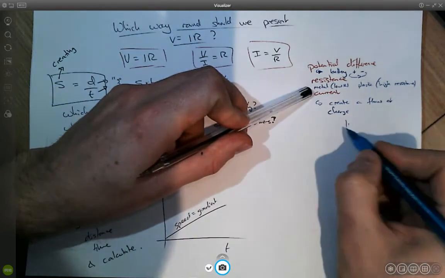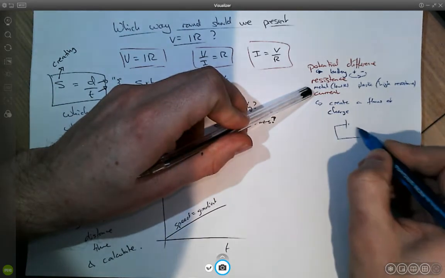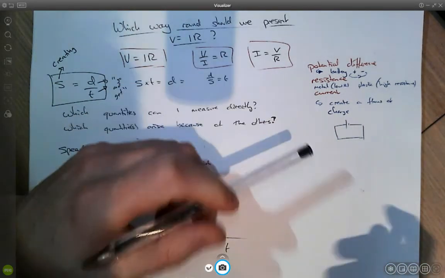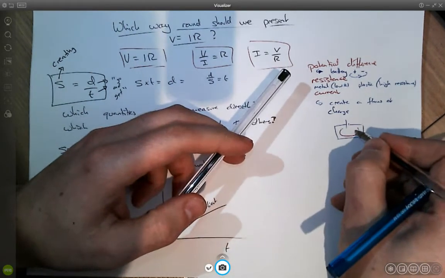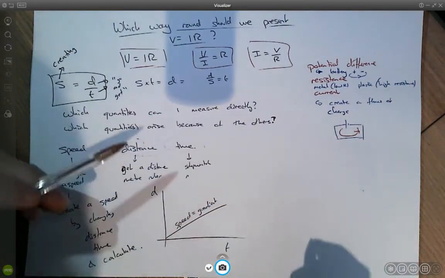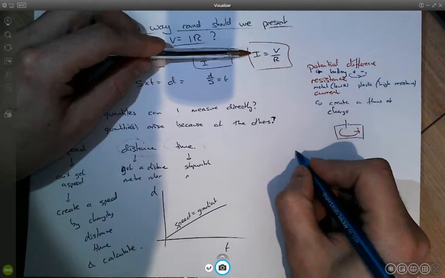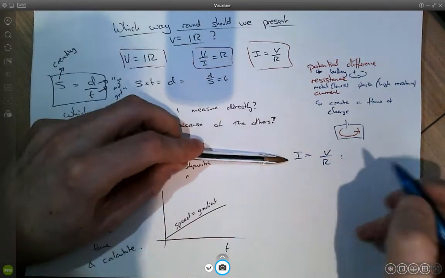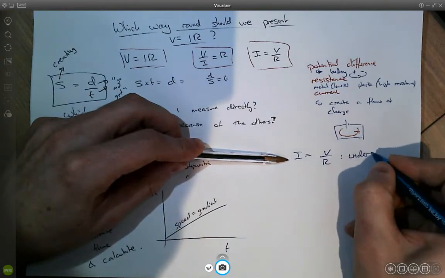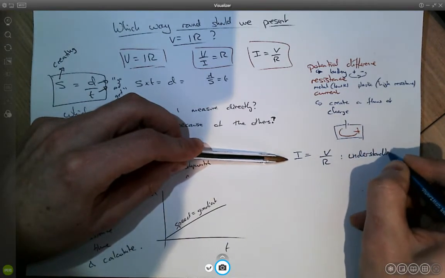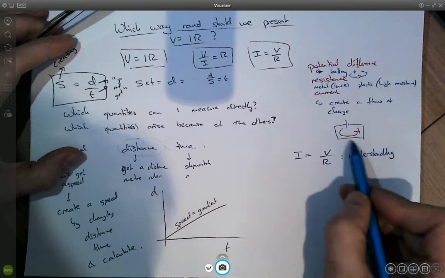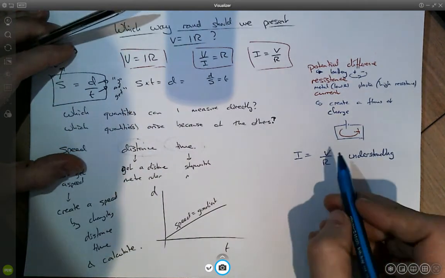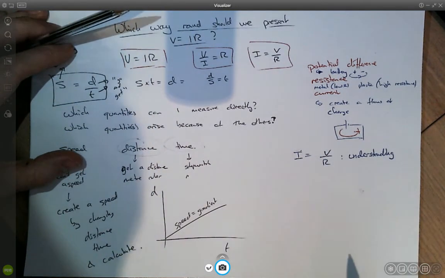We put a battery next to a resistance, even if it's a low resistance, and we create this flow of charges. So we should maybe then think about presenting it this way round. So for our understanding of the relationship between the two of them, this is a really good way to present it. Right, we create the current from a potential difference in a resistance.